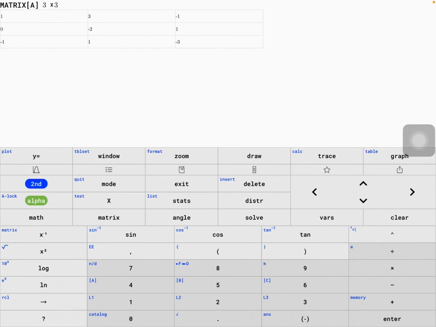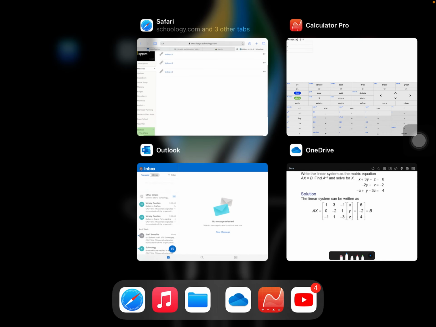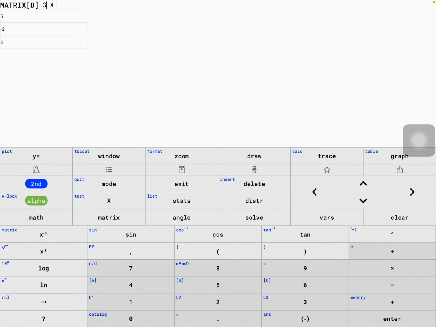And then in matrix B, if I hit edit and go to matrix B, that was the 6, -2, 4. And so yes, that's what I had for matrix B. Okay, so what we're going to do to get the solution is take the inverse of A times B, and that should give us our solution. So I'm going to hit second, quit, and go to the home screen.